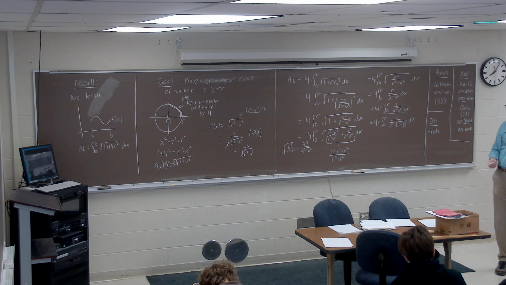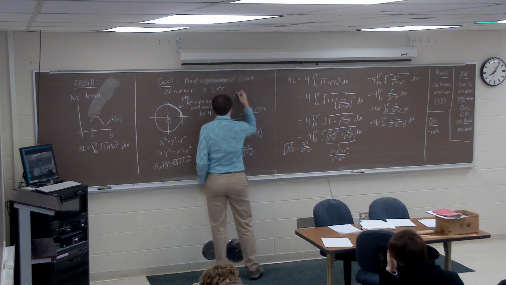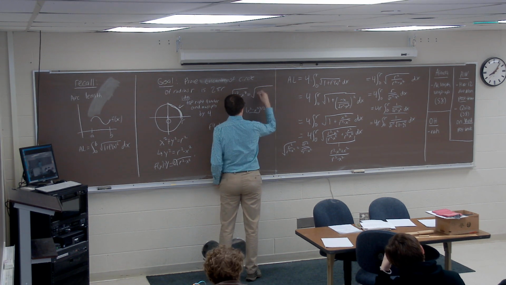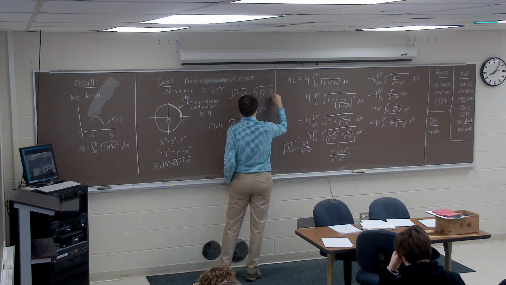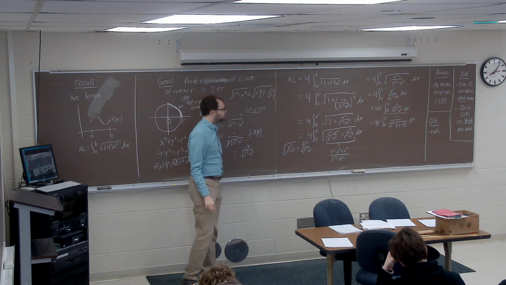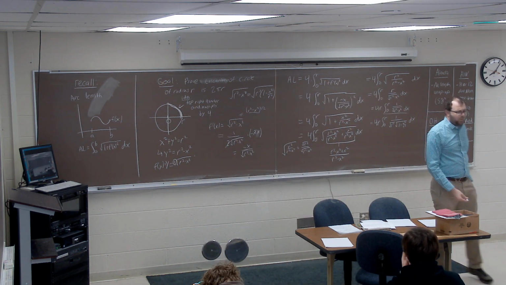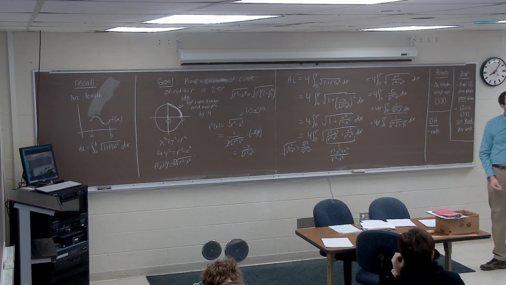So r squared minus x squared is the same as r squared times 1 minus x squared over r squared. Neato burrito. Okay, what can we do with that?